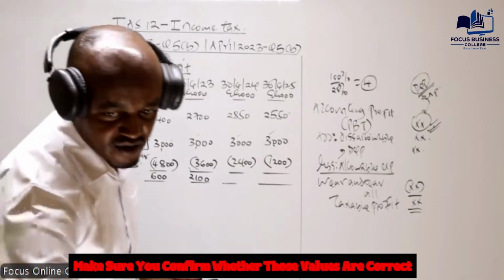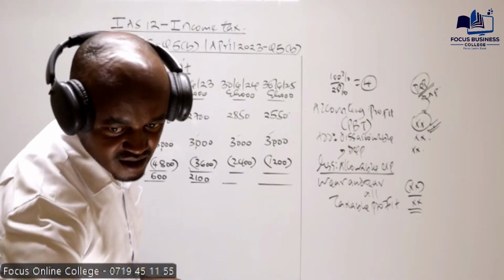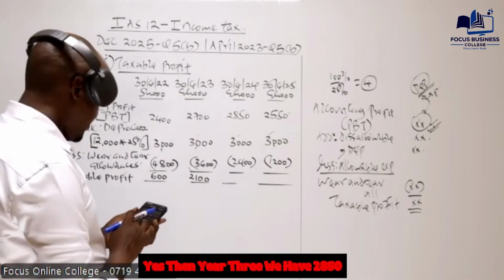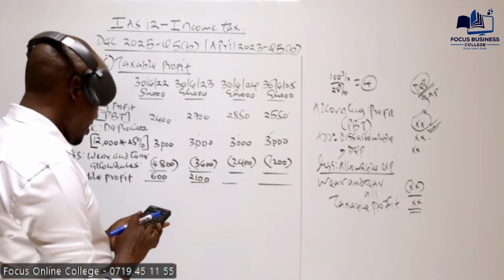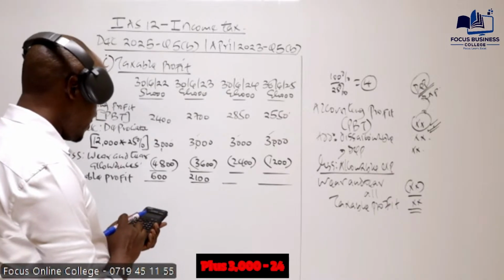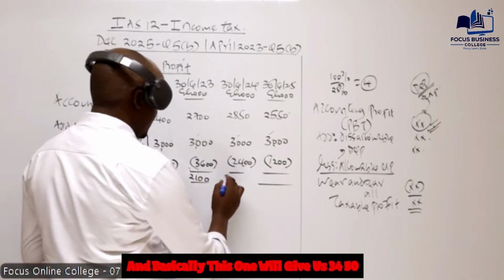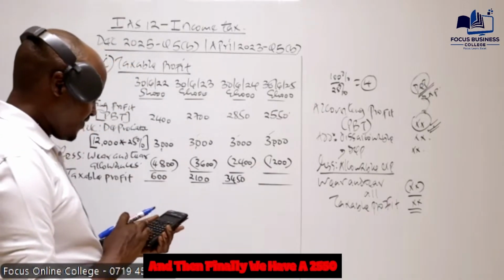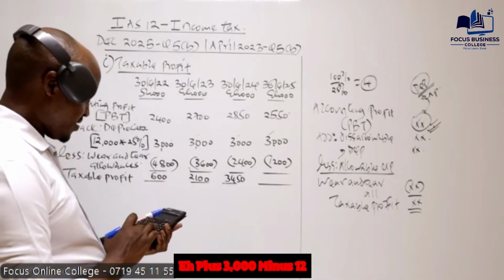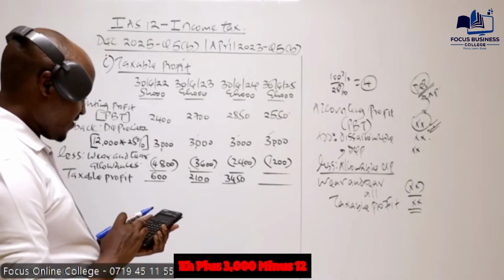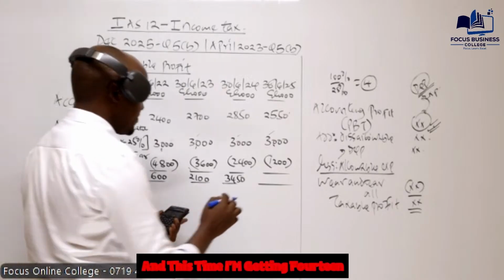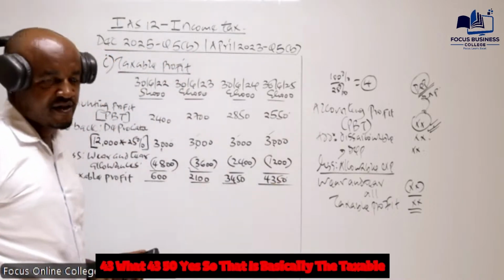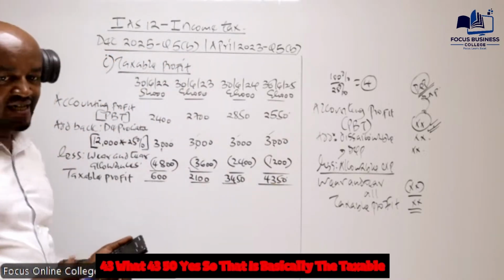Make sure you confirm whether those values are correct. Then year 3, we have 2,850 plus 3,000 minus 2,400, and this will give us 3,450. And finally, we have 2,550 plus 3,000 minus 1,200, and basically I'm getting 4,350. So that is basically the taxable profit.